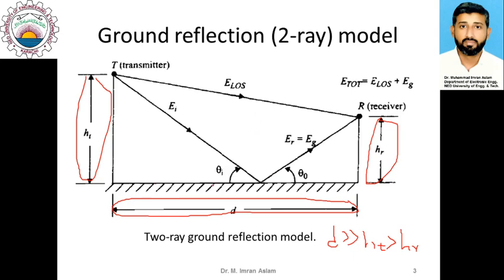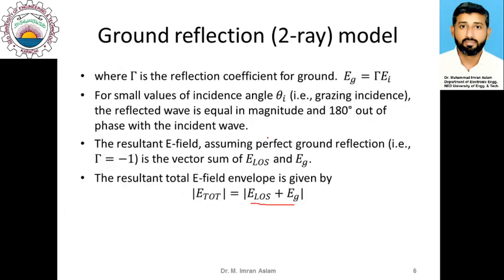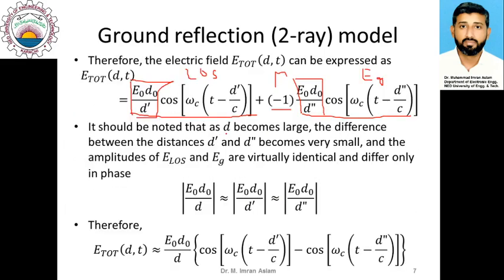And if we increase this separation, the difference between this wave and this wave gets smaller and smaller, and therefore the distances, this d prime distance here and the d double prime distance of this wave, become closer and closer. So for most practical cases, since d is very large, the difference between d prime and d double prime is very small.